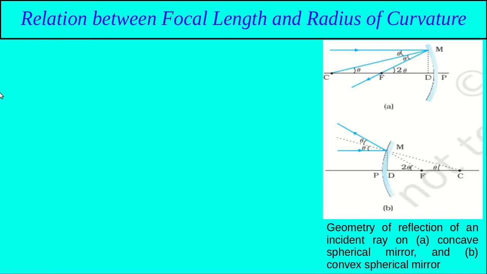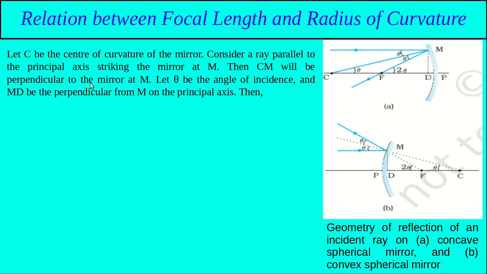Now, what is the relation between the focal length and the radius of curvature? For example, let's say with the center of curvature C of a mirror, consider a ray parallel to the principal axis striking the mirror at M. Let this be the incident ray.